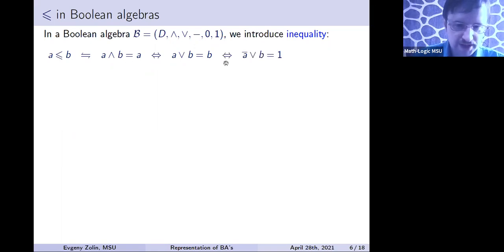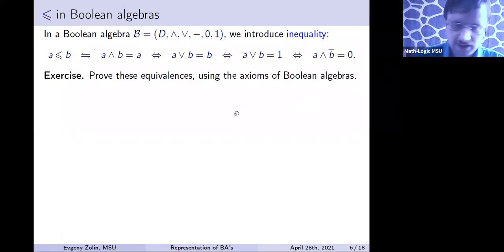Or another equivalent condition, not A or B is 1. Notice that this looks like an implication, A implies B. Therefore, this order behaves like implication. And A and not B is 0. Also, all these four conditions are equivalent. I leave it as an exercise for the listeners. You only need the axioms of Boolean algebras to show this; the proof is very simple.